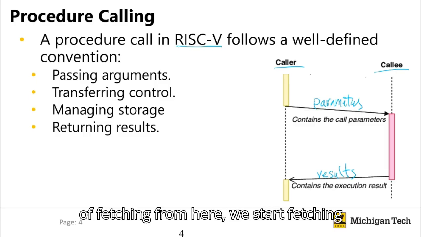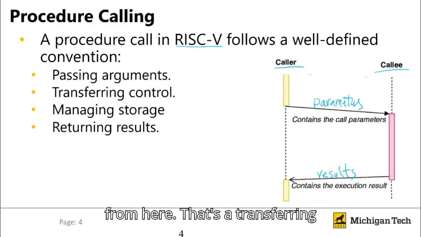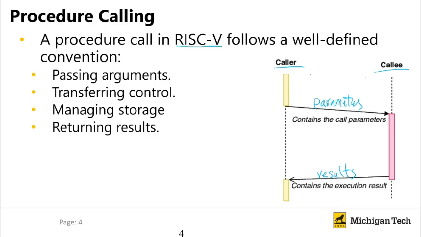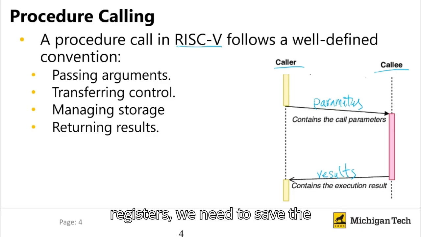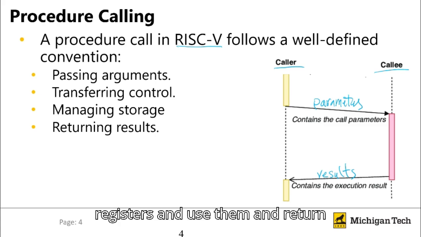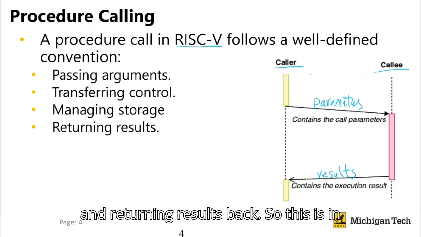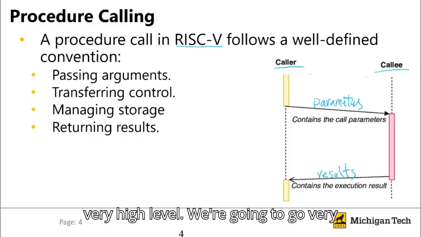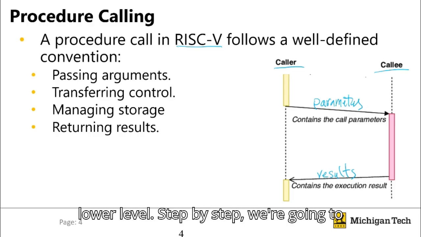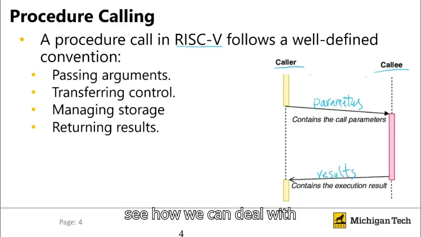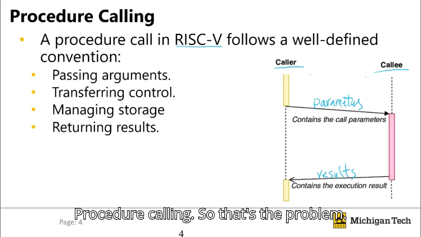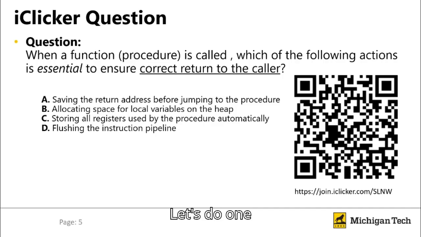So instead of fetching from here, we start fetching from here. That's transferring control. And managing storage. If we want to work with some registers here, for example, we need to save the registers, use them, and return them back. That's called managing storage, and then returning the result back. So this is at a very high level. We're going to go to a much lower level, step by step, and see how we can deal with procedure calling.